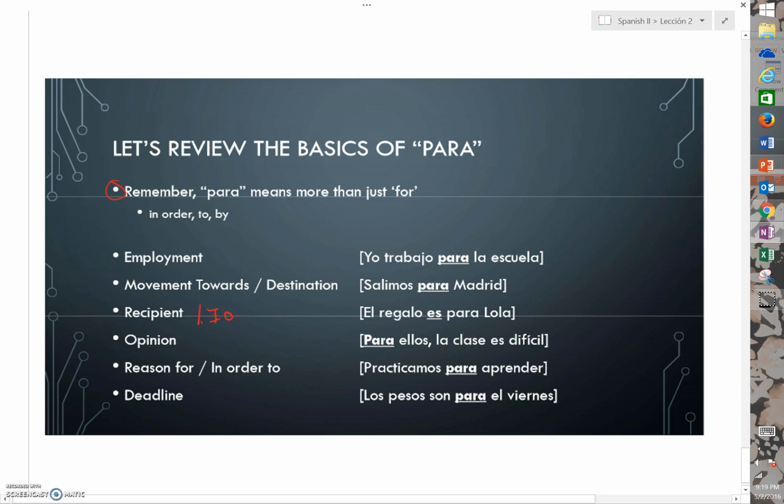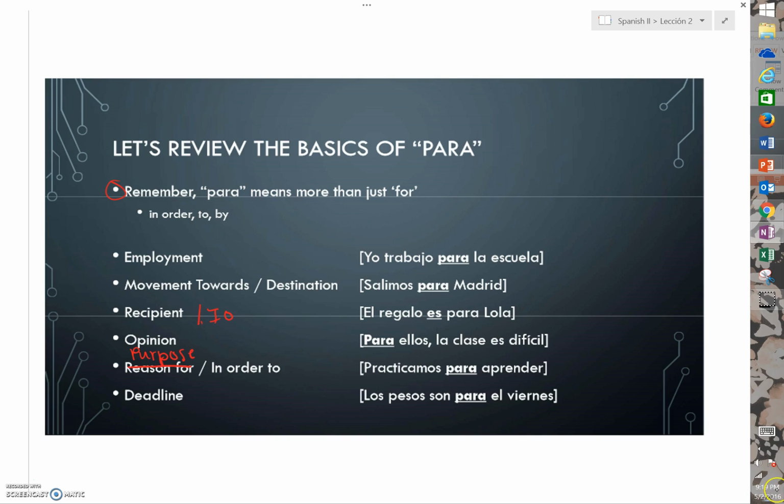El regalo es para Lola. Para is used to express opinion. Para ellos, la clase es difícil. It is also used to express the purpose. There was a typo on there. I apologize. Purpose, or in order to. Practicamos para aprender. And para is also used to express deadline.